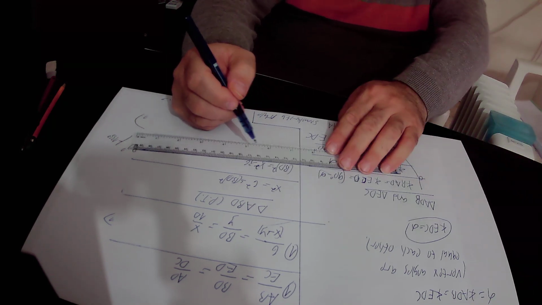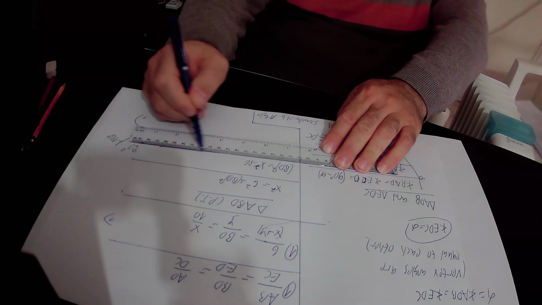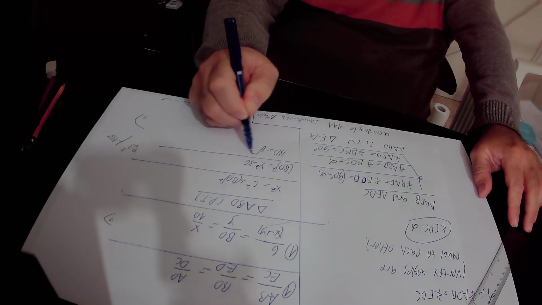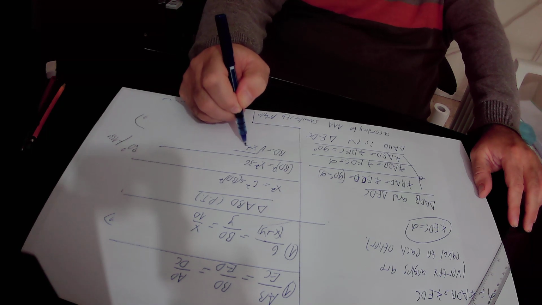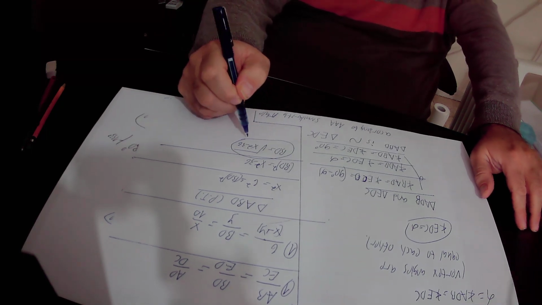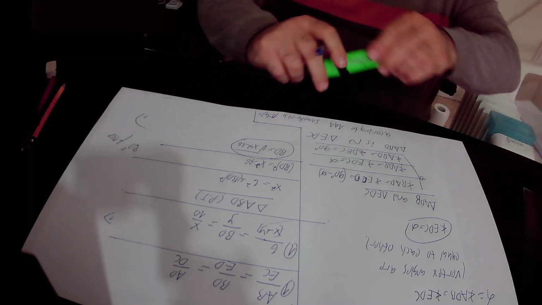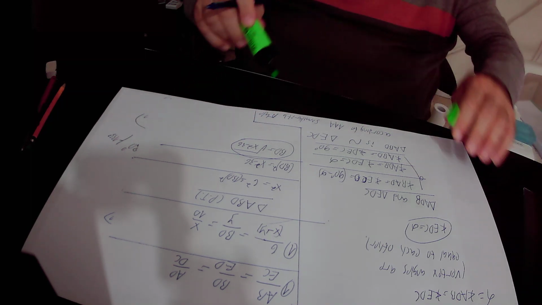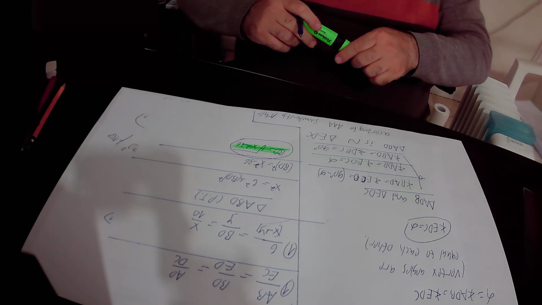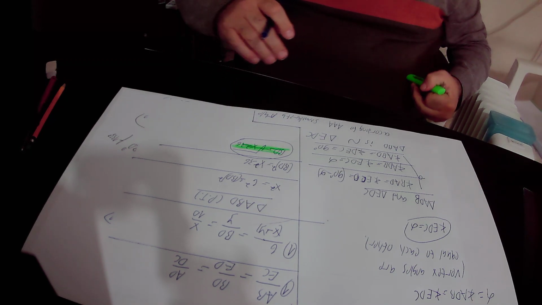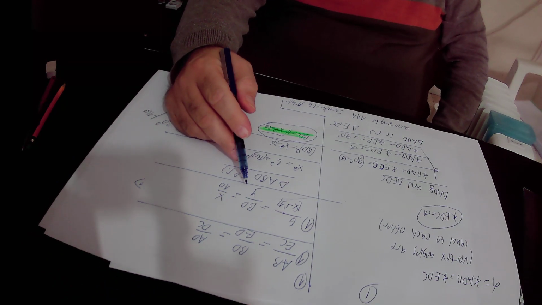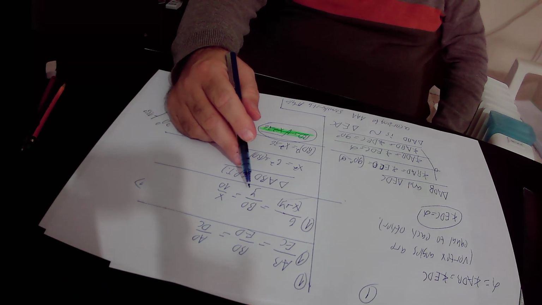We will take a root of this equation, and we will get that BD is equal to the square root of x squared minus 36. Okay? BD equals the square root of x squared minus 36. That is to say, we can substitute BD in equation number 1 by the square root of x squared minus 36.